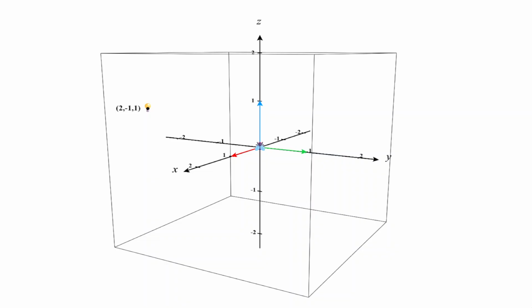So being enough vectors is the concept of being able to span all of R3, and not being too many is getting at the idea that this set of vectors is linearly independent.